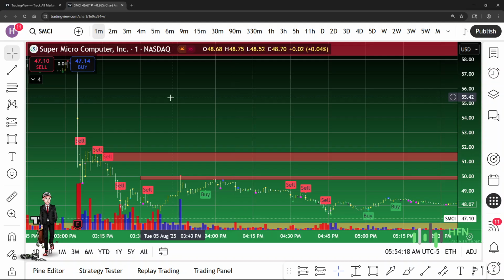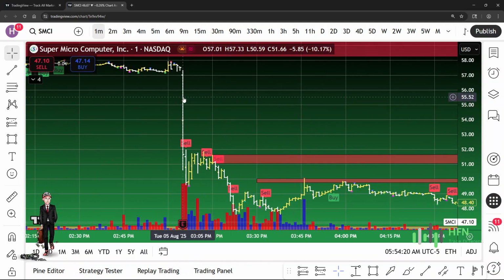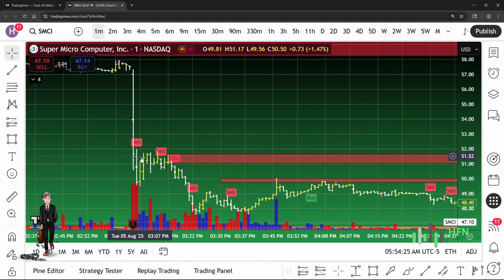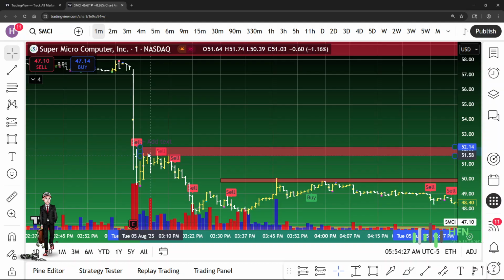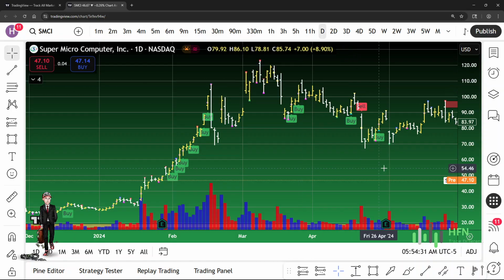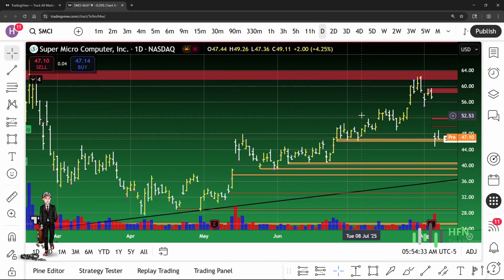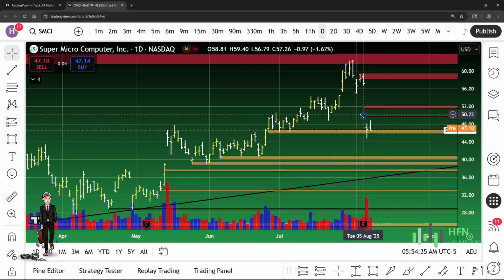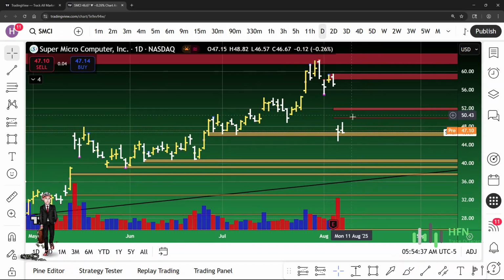Yeah, the market completely fell off on a 1 minute time frame. This massive gap, this massive spread bar right there. So we'll go ahead and create that sell pocket right there for SMCI. You guys can see it's right here. So if the price lifts in SMCI, these two sell pockets would definitely be a target.